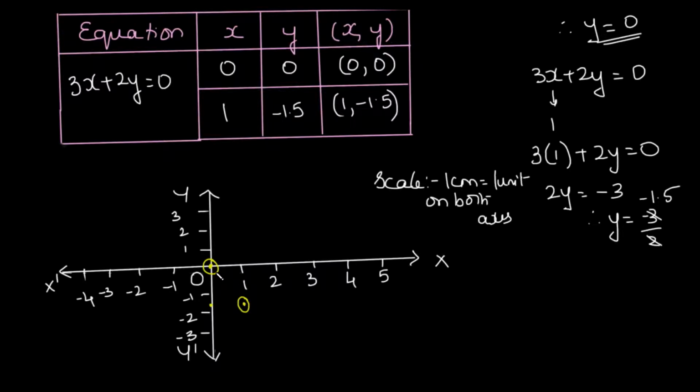Now, in this case, just let us draw the line and see. So to get a straight line properly passing through these points, I have to do this particular method, but you can draw a continuous line using your scale.